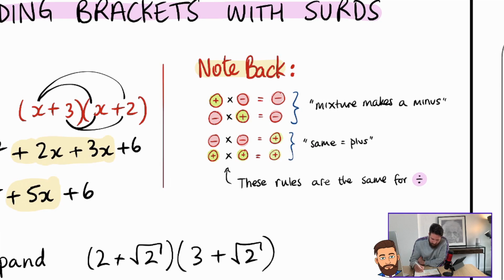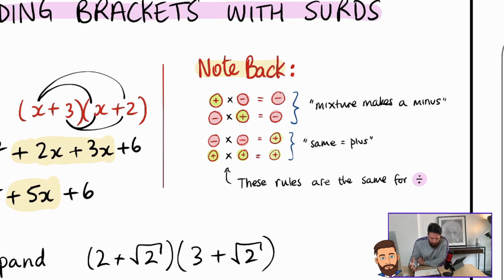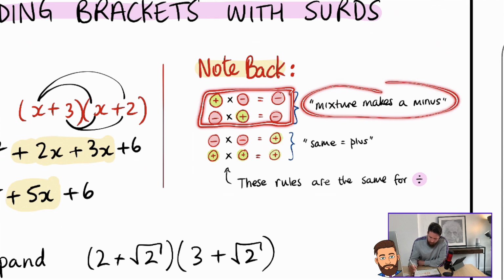The second thing that you should definitely be secure with, and I've put in a nice organised table over here, is what happens when you times positive and negative numbers together. So many students make mistakes on surd questions, not because they don't understand surds, but because they can't multiply positive and negative numbers together. So a recap, if you've got a mixture, the answers are minus.